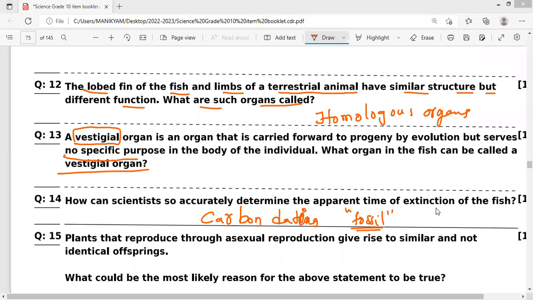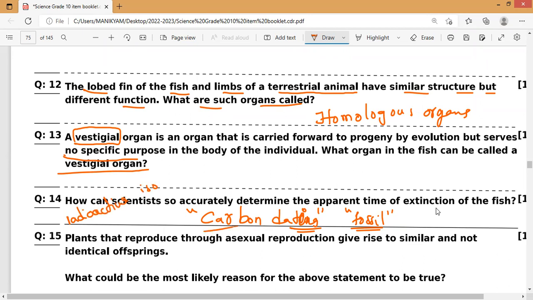You might have noticed in our newspapers also, they find dinosaur fossils and test them using carbon dating, and say it is 15 million years old, 20 million years old. That method is called carbon dating, or we can say radioactive isotope dating.